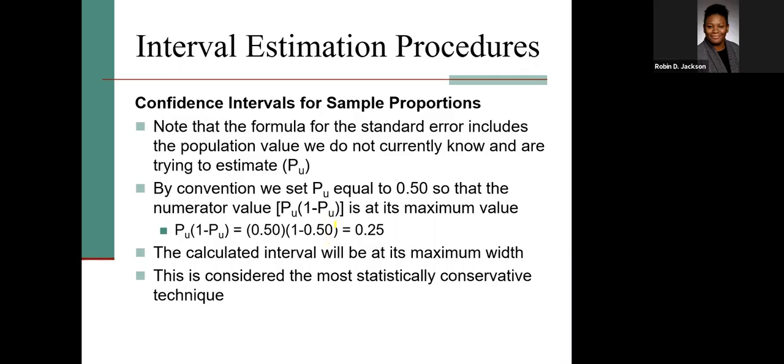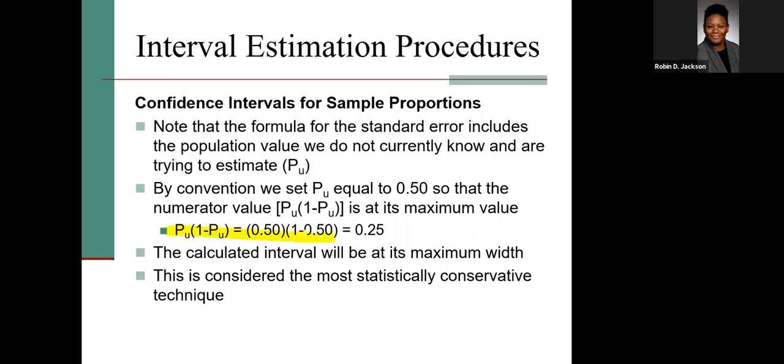So the proportion ends up being equal to 0.5. They do all this technical stuff that I'm not going to go into in terms of how they get to this information right here.